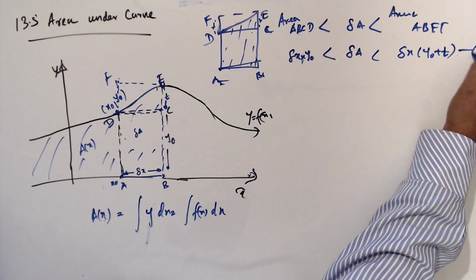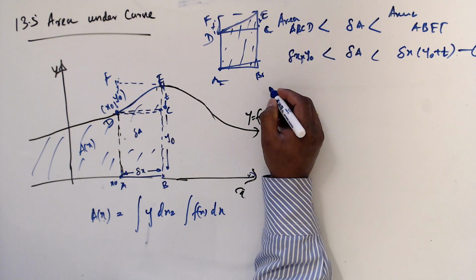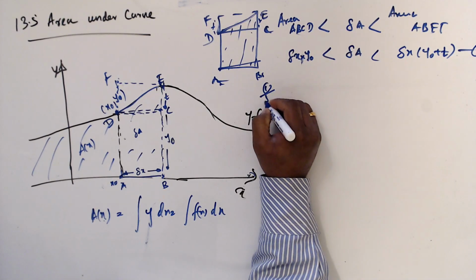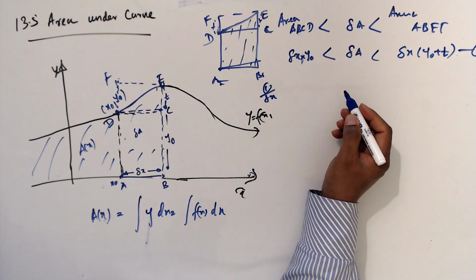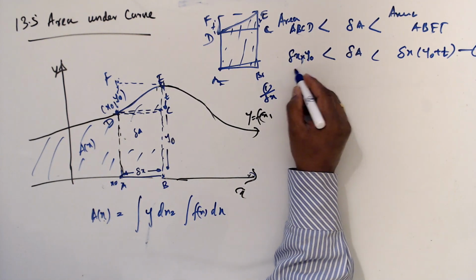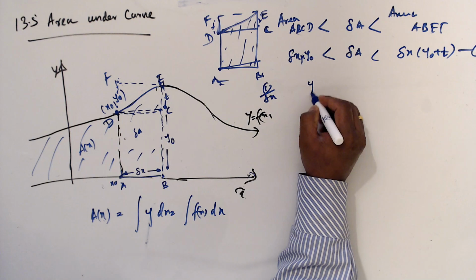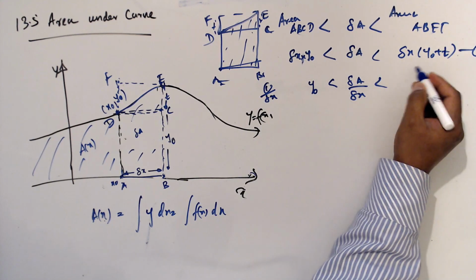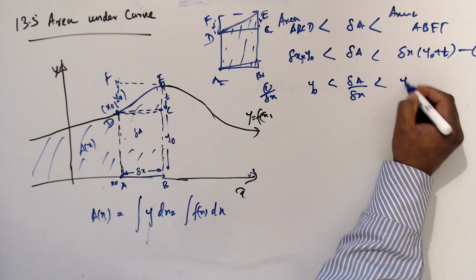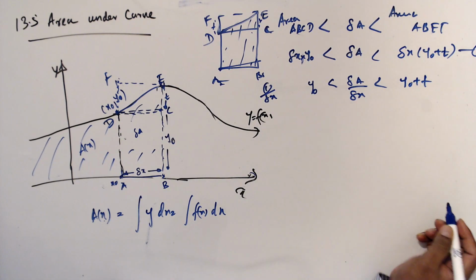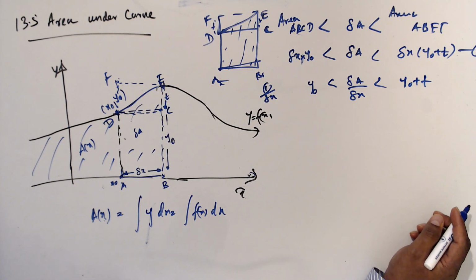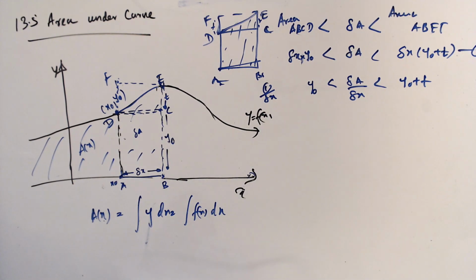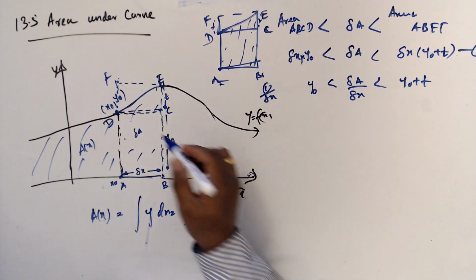Now I am going to divide this expression by delta x, because delta x is greater than 0. Then you will get y naught less than delta A over delta x, less than y naught plus t. Now we have an issue.